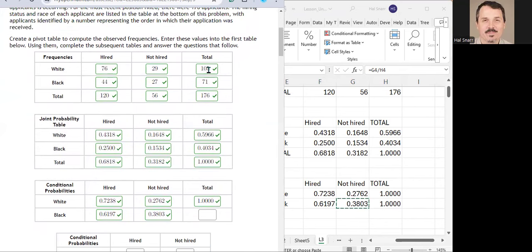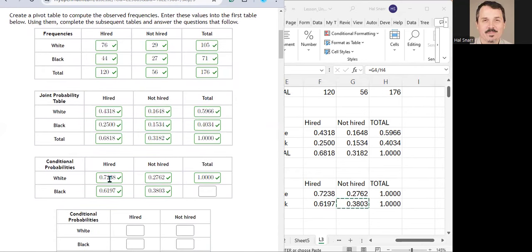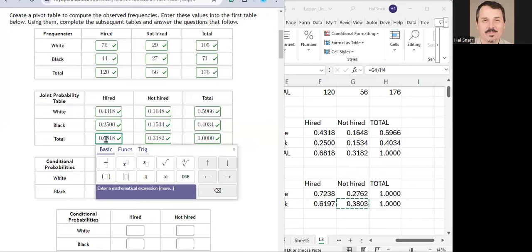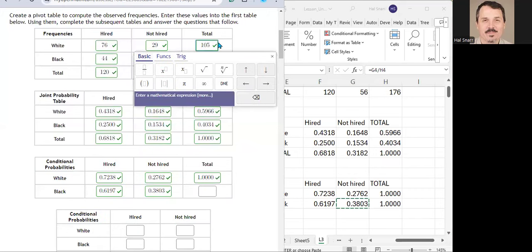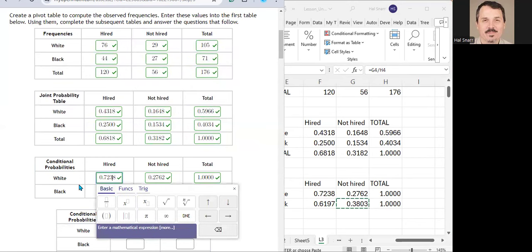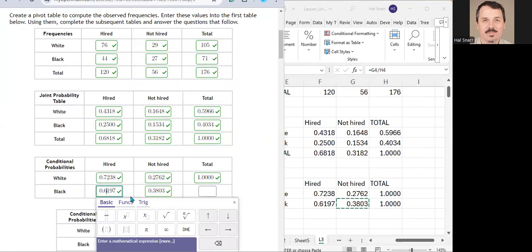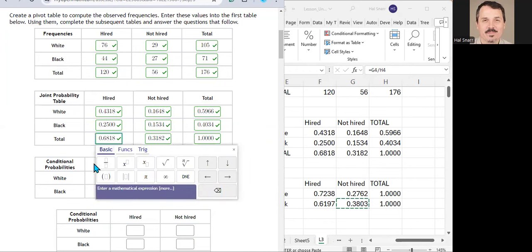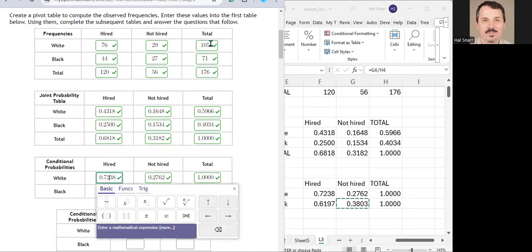If these two numbers were identical, if this were 105 and that were 105, the straight up average of these two would be equal to that, right? But there are more white applicants. So this probability here has more weight than that number, right? That's why this number is closer to that number, because there's just more white applicants, right?